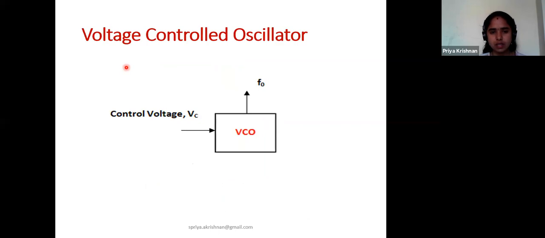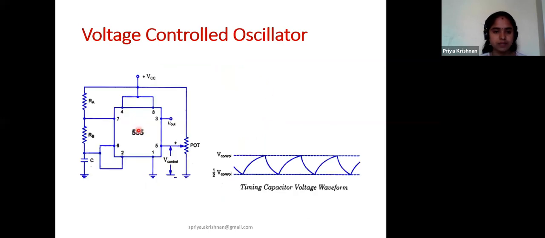So using this Astable Multivibrator, we are going to build a voltage controlled oscillator. Whenever I change my control voltage, I can change the frequency of the output. What is frequency? Changing the on time and off time. That is my frequency. So for the voltage controlled oscillator, for pin number 5, I connected a potentiometer.